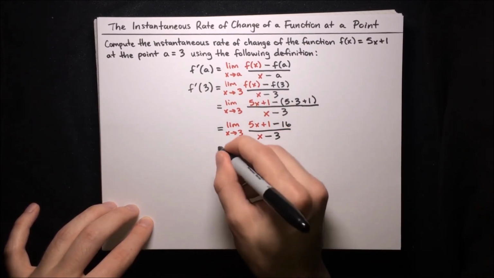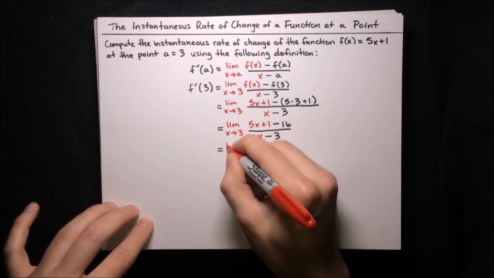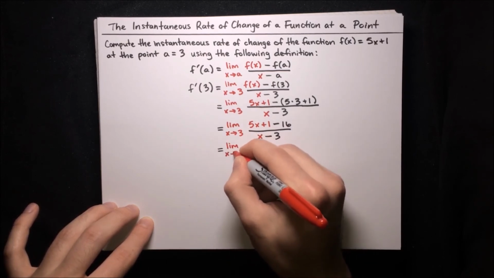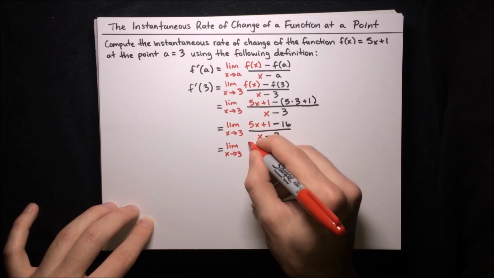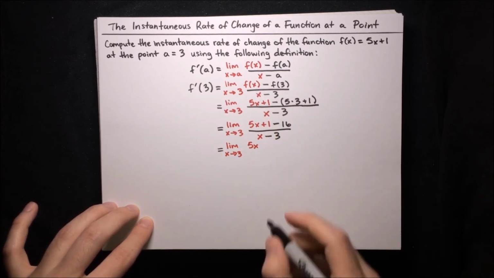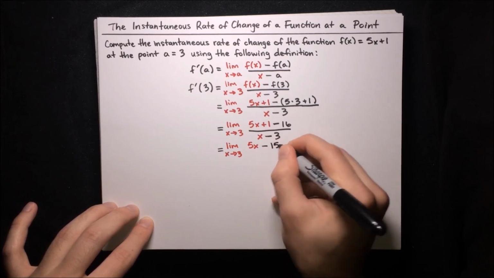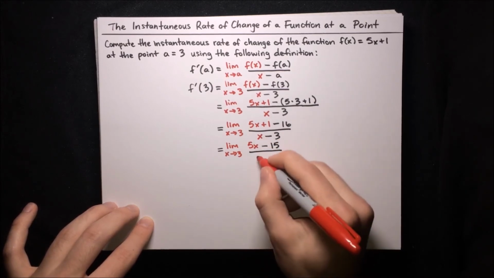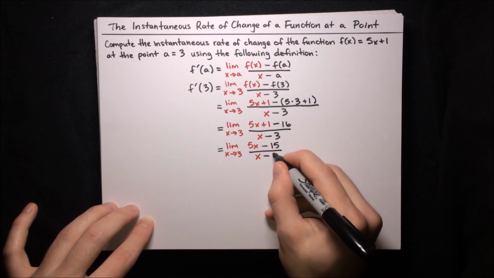And we go ahead and keep on simplifying. This is the limit as x approaches 3 of 5x, and then plus 1 minus 16, that just makes minus 15. That's all over x minus 3.